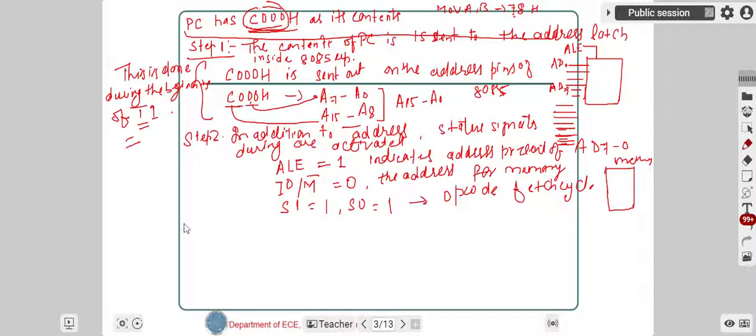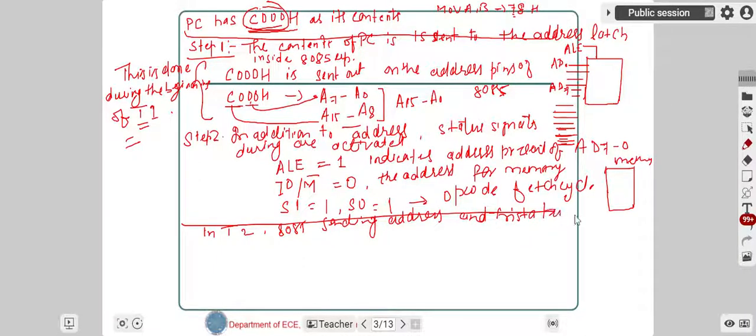In T2, what happens? During T2, 8085 stops sending address and tri-states AD7 to AD0.